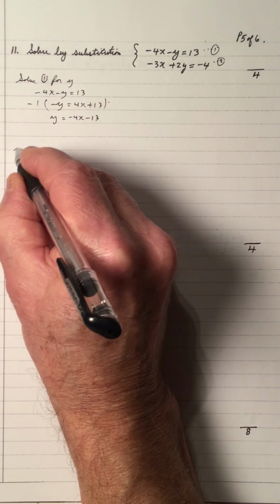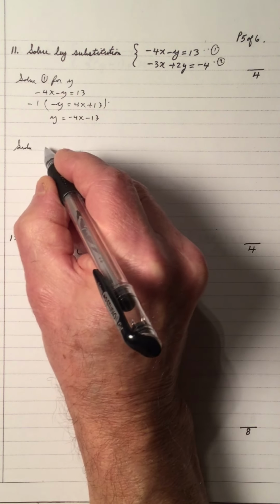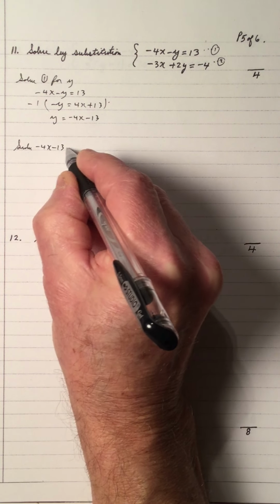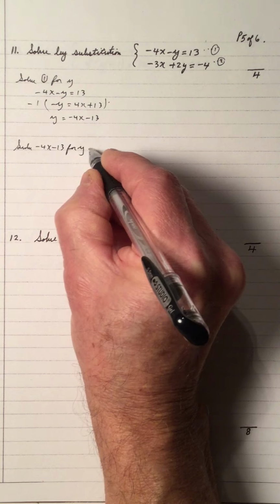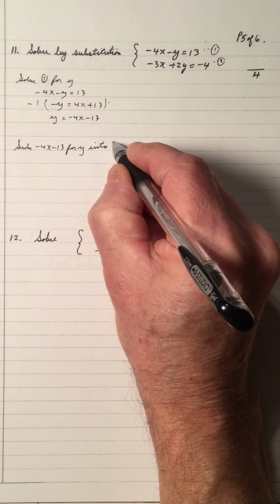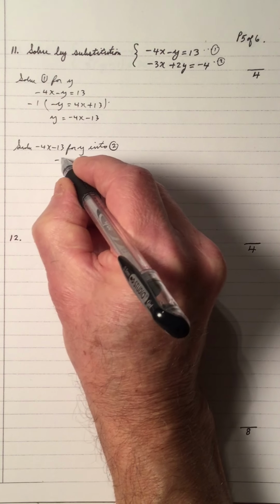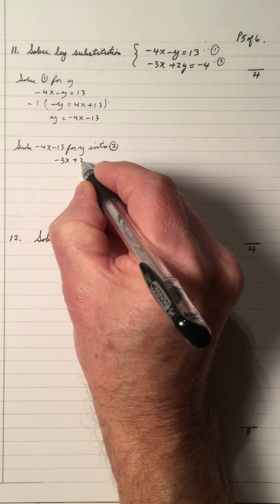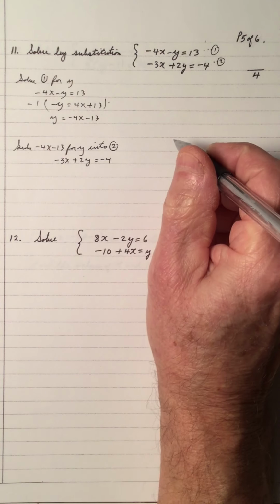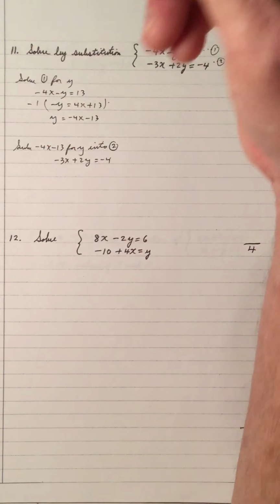Now we're going to sub -4x minus 13 for y. So we solve number 1, so we sub into number 2. If we solve number 2, we always sub back into number 1.